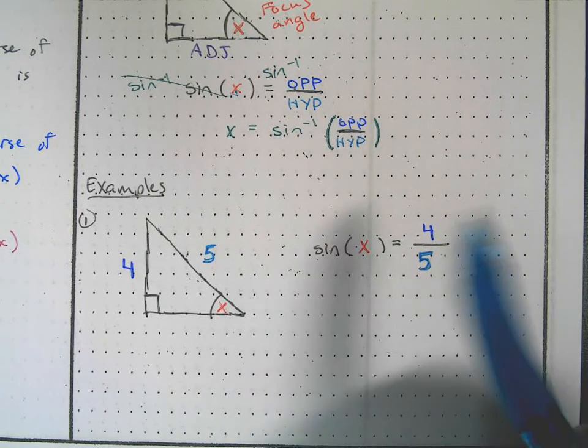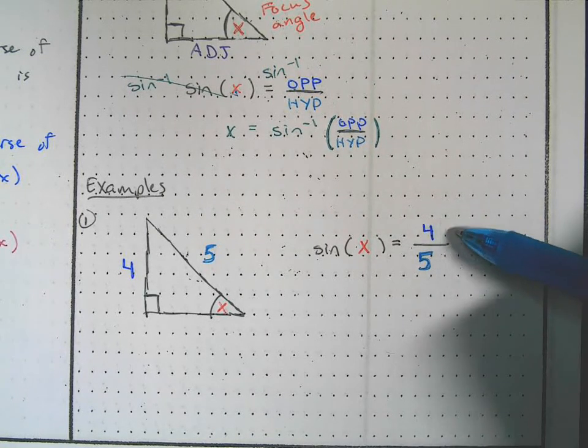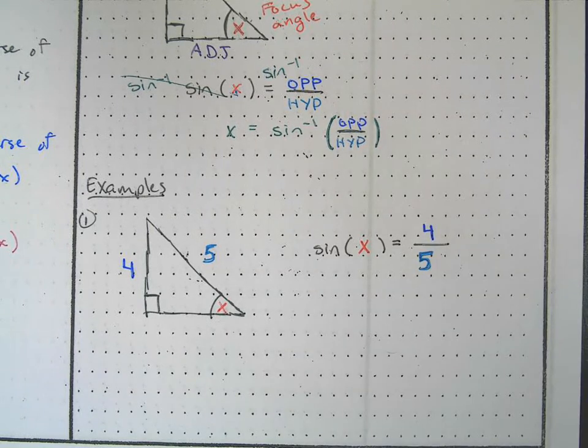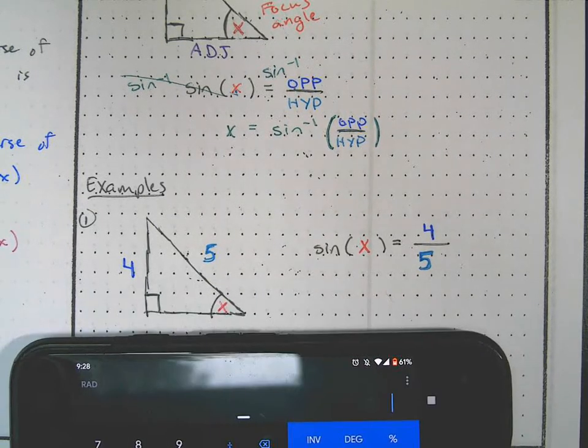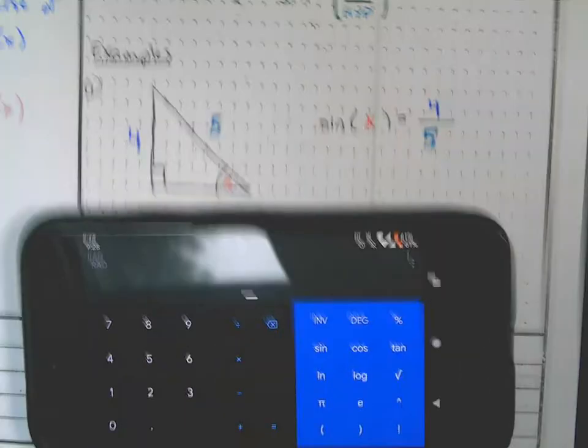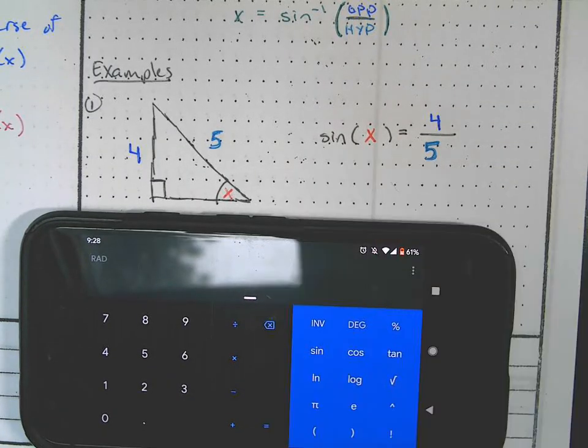So now what I want to do is simplify the fraction first. So I'm going to go 4 divided by 5. We're going to be using our calculator quite a bit. So first thing I'll do is simplify this fraction. Top divided by bottom. And I get 0.8.